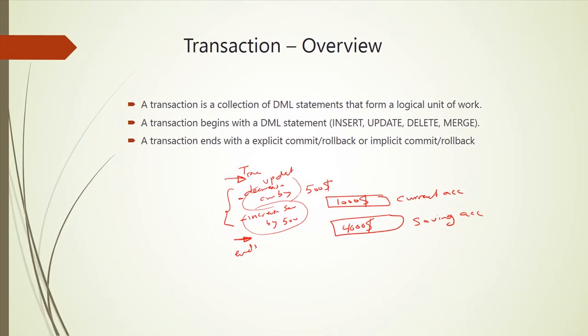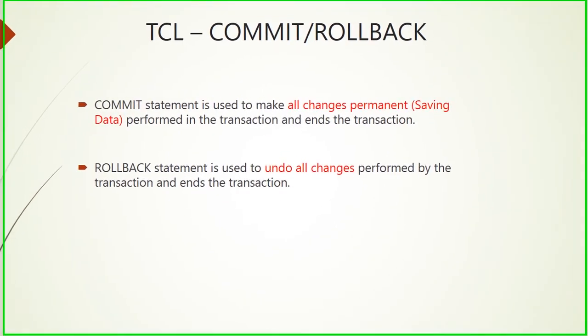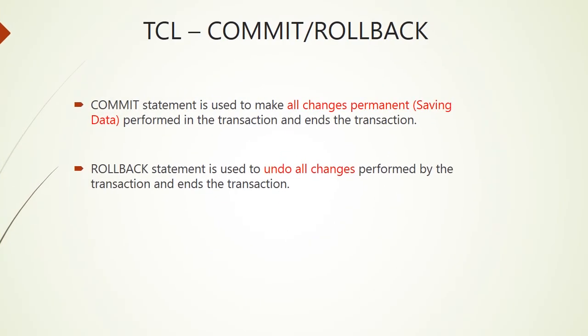How to end a transaction? You can use either commit or rollback. In our example, we run two update statements: update current account, set balance equal balance minus 500, and update saving account, set balance equal balance plus 500. After running the commit, the changes will be permanent and the transaction ends.